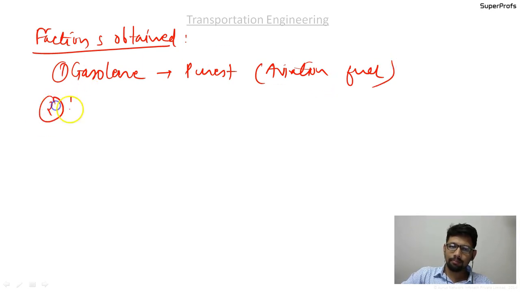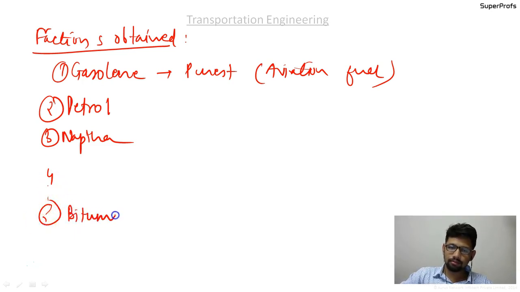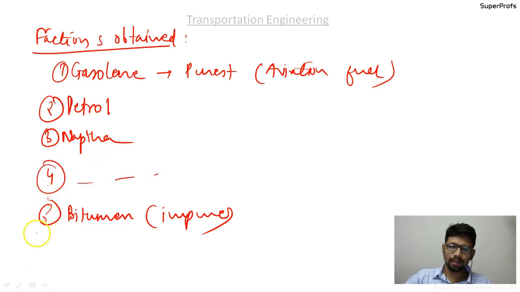Second one is petrol. Third is naphtha. And the fifth one that is obtained is bitumen, which is impure. There is some fourth one; currently I don't have the name of it. So these are the fractions obtained from the fractional distillation.